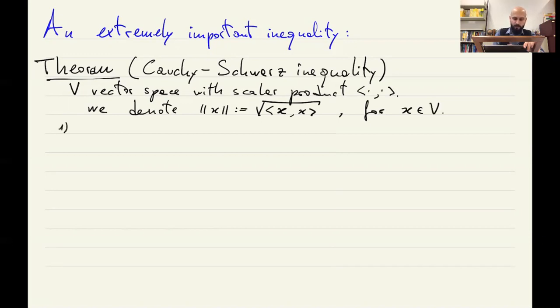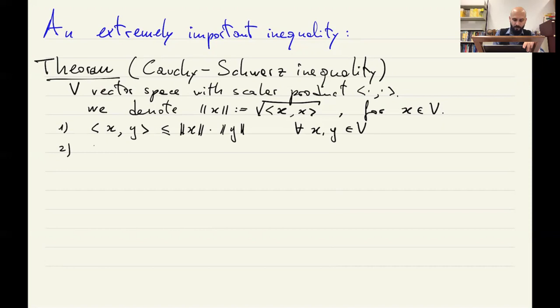So the first thing we will prove is this inequality called Cauchy-Schwarz inequality, that the scalar product between x and y is always less than the norm of x times the norm of y for all x and y in V. And the interesting thing is that this inequality is an equality if and only if x and y are linearly dependent.